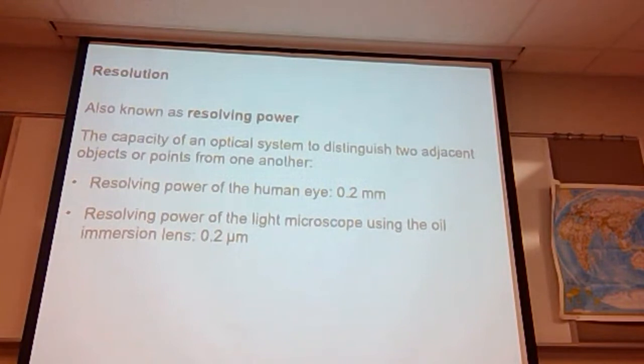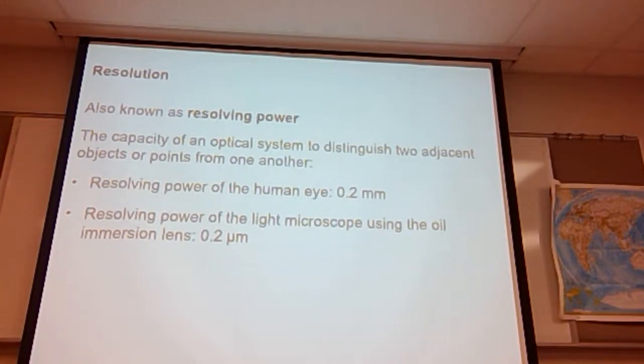Resolution, also known as the resolving power, is the capacity of a system to distinguish two objects sitting adjacent to each other, or two points, one from another. In other words, you see two distinct objects, not one sort of fuzzy overlaid object. The resolving power of the human eye is about 0.2 millimeters.